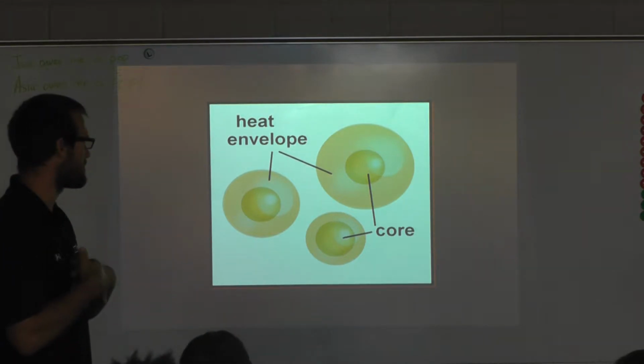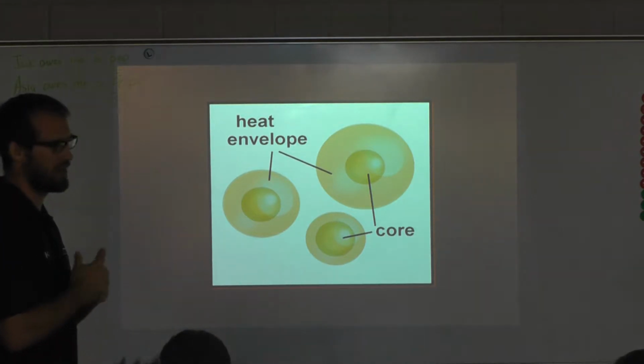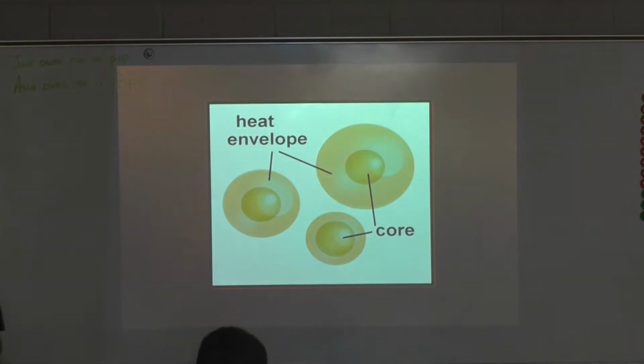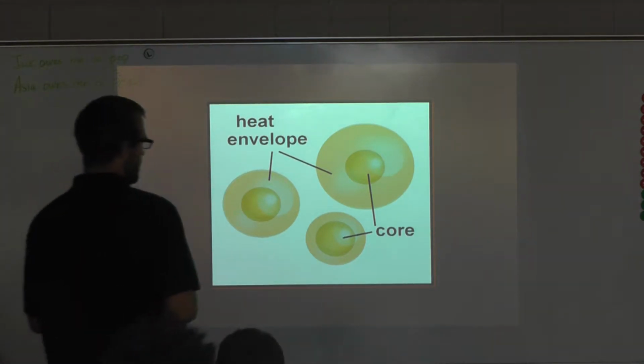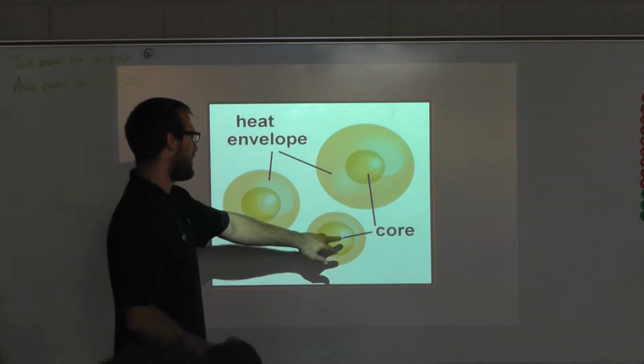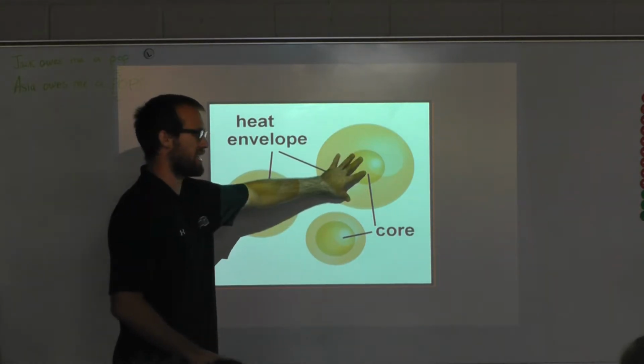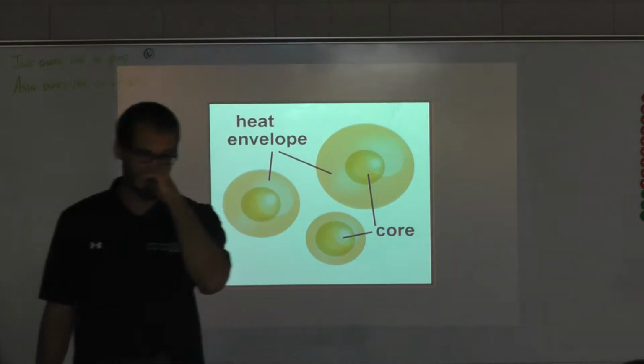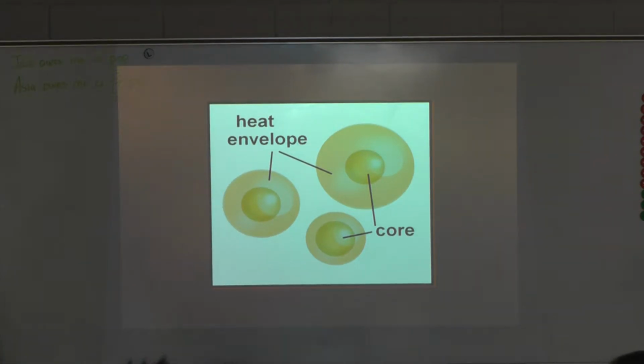I don't know why they call them envelopes, maybe because they completely surround it. He basically said that the difference between the mass of a hydrogen and the mass of, let's say, an oxygen is that oxygen has a bigger heat envelope. A heat bubble, if you want to call it that. So there is your little visual of Dalton's model, if you want to make note of that for your note cards. All right?